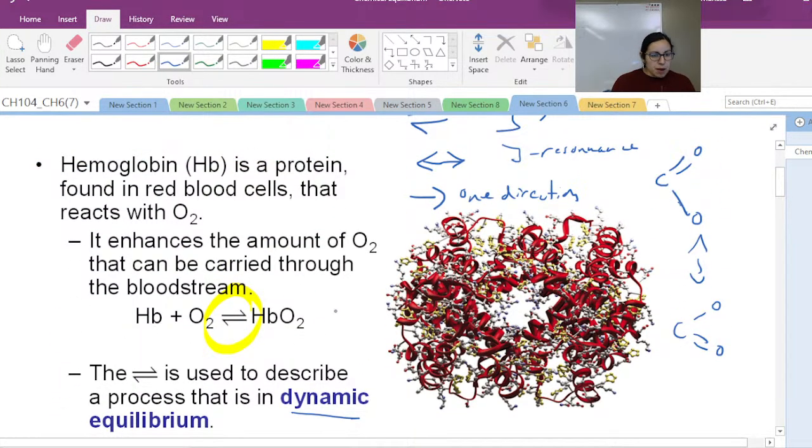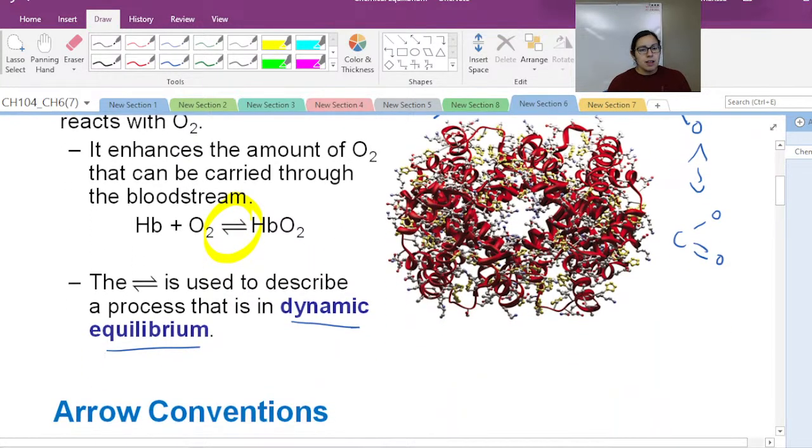And so let's think about how this would work in our bloodstream. And so maybe we start off in the lungs, and so just think about how that works. So obviously, your hemoglobin starts off without oxygen, but then if it's in the lungs, we're going to have a high concentration of oxygen. And so that high concentration is going to lead it to bind.